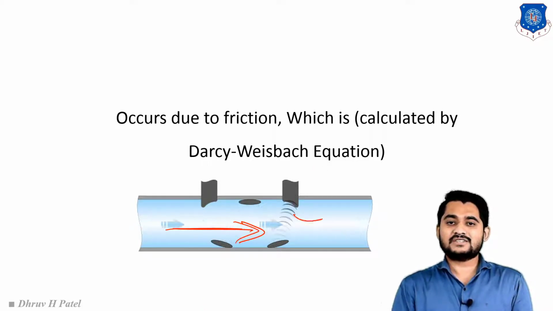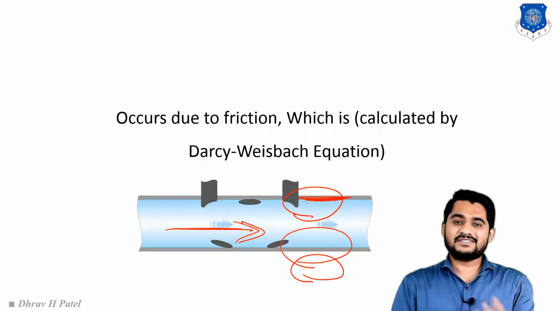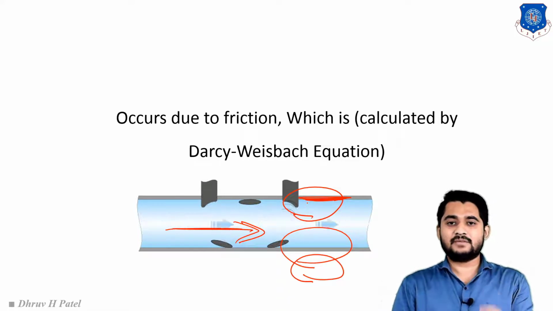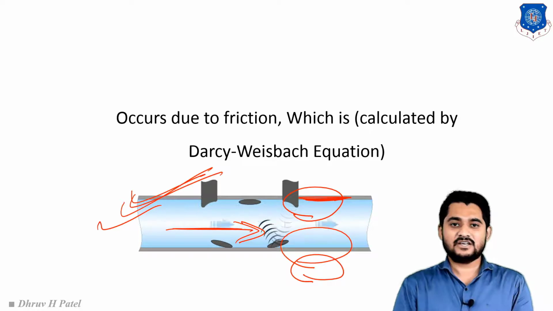At the boundary there will always be some friction between fluid and pipe. Major losses occur due to friction between pipe and fluid at the boundary. The derivation is also called the Darcy Weisbach equation. Clear? You have to remember that you have to derive the Darcy Weisbach equation in your first main theory.